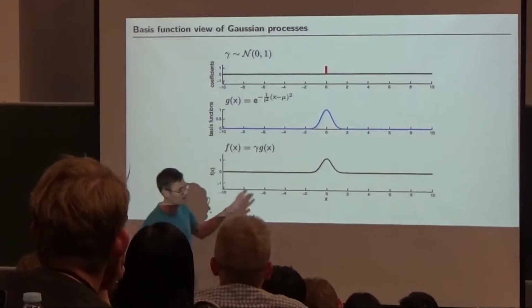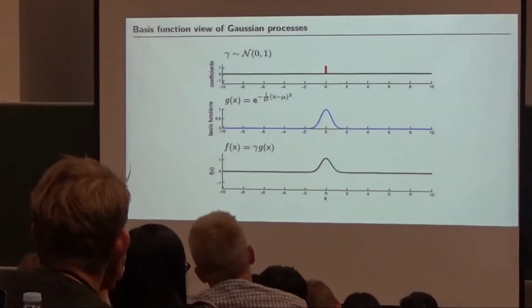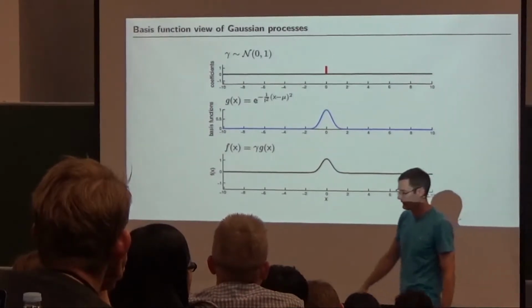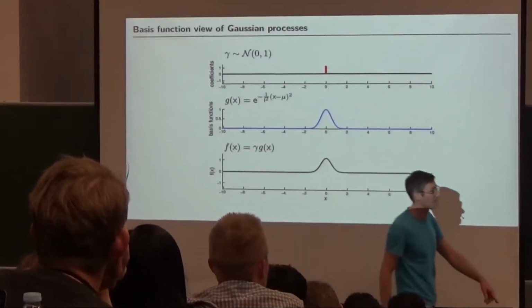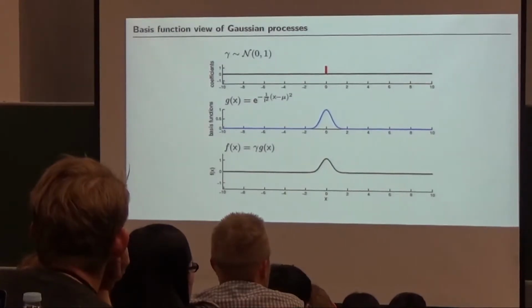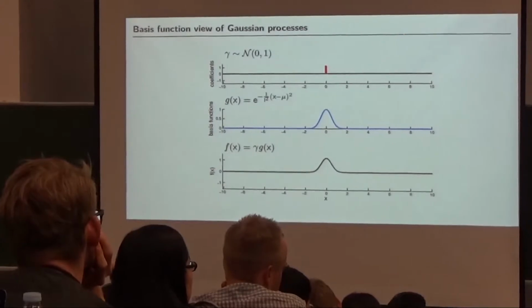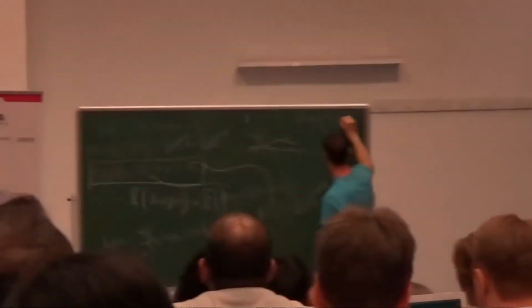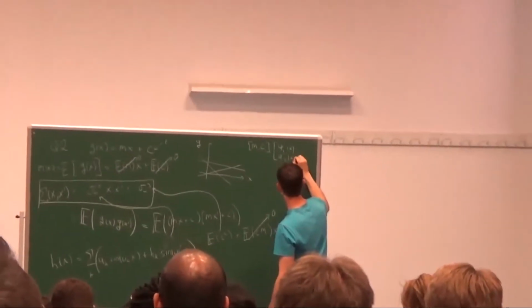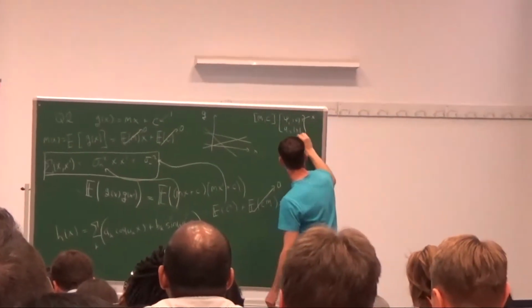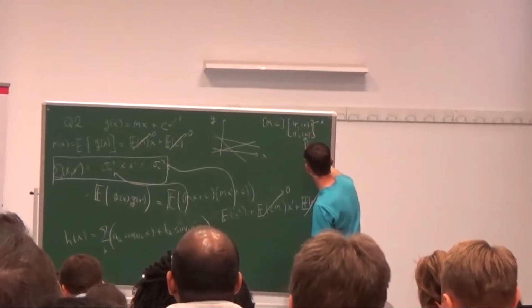So both the cosine example and this example you can think of as a basis function view of GPs, where the basis functions in this case were x and the unity function 1. So we could sort of write this model down as a vector times phi1 of x and phi2 of x, where this one was just equal to x and this one was equal to the constant function 1.